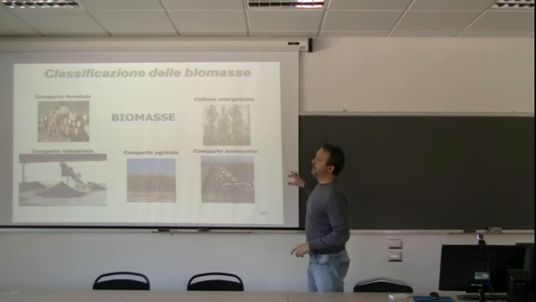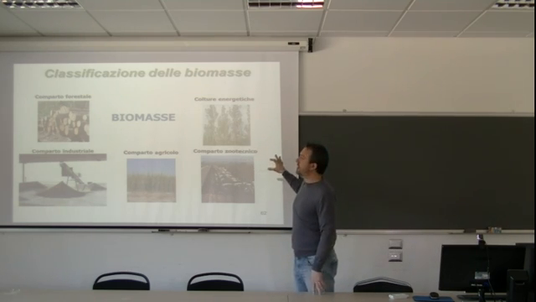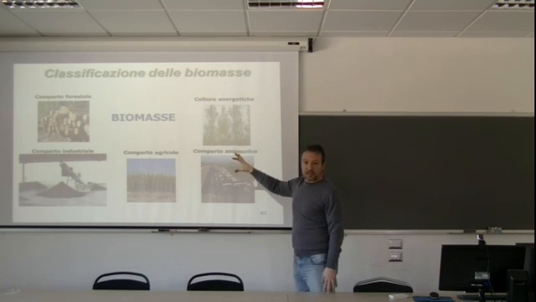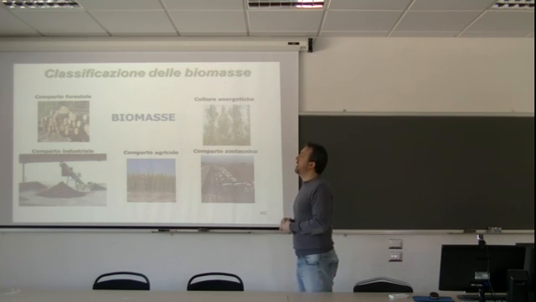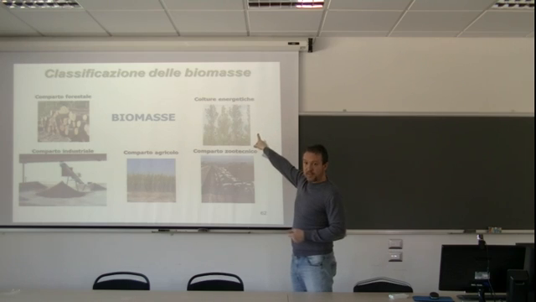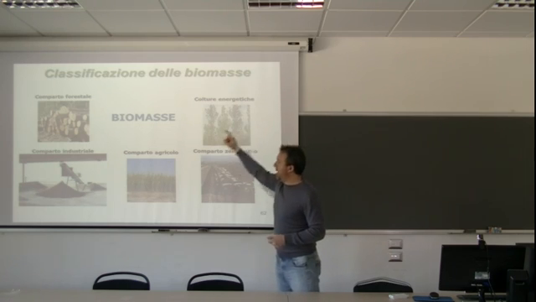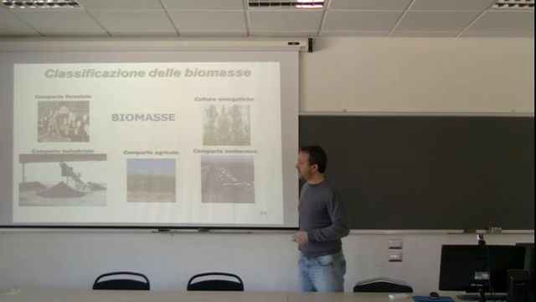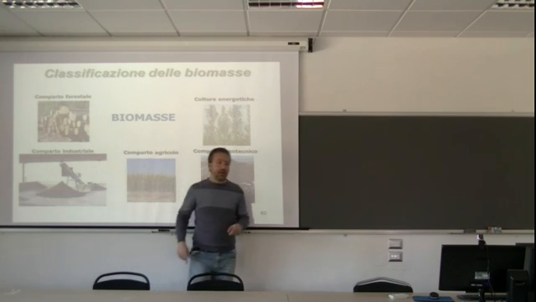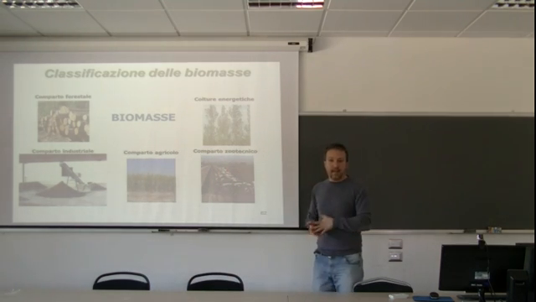So, the definition of biomass also defines some sectors where we can obtain biomass. Forestry sector, as I just said, energy crops, industrial sector. This should be the residue of grape milling.